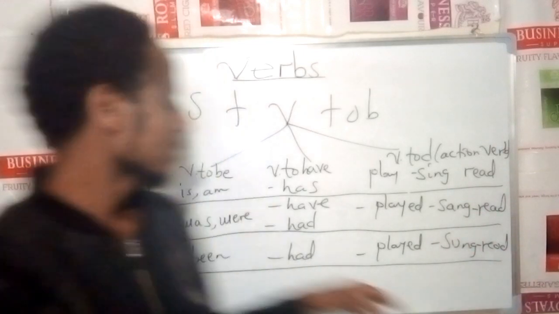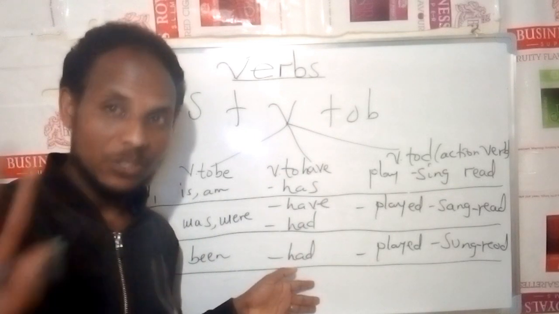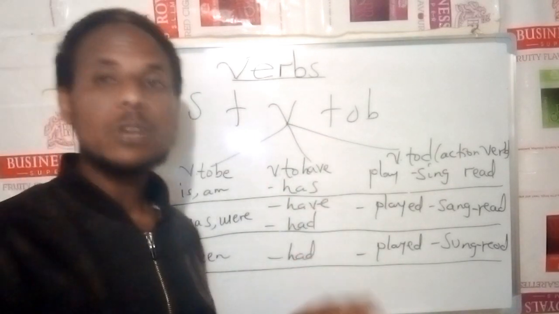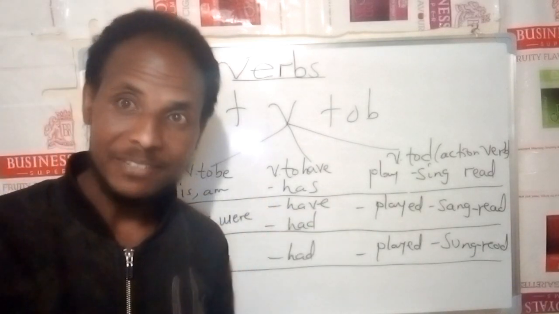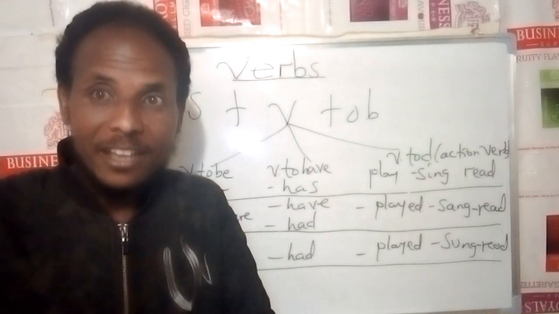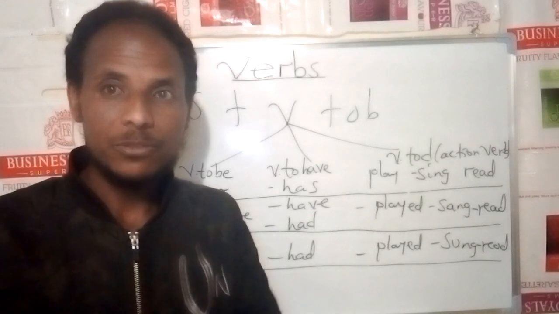But in the verb to be and the verb to have, don't be confused about the types of verbs. The verb to be and the verb to have in a sentence are called auxiliary verbs or linking verbs, because they are used to link the subject with the object or the predicate part of the sentence.